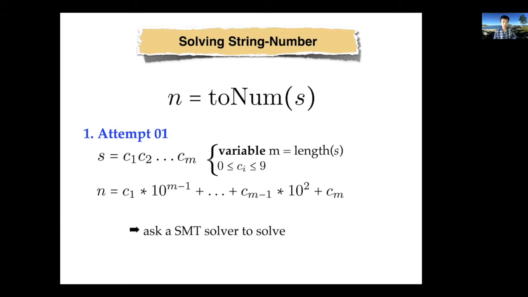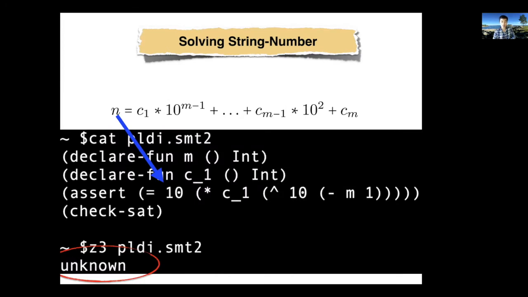What happens if we ask some SMT solver to help us find the value of Ci and the value of m? Here I rewrite the constraint a little bit to make it simple. I replace n equal to 10, and then I ask Z3 to help me find out the value of C1 and m. So when I ask it, Z3 answers me unknown.